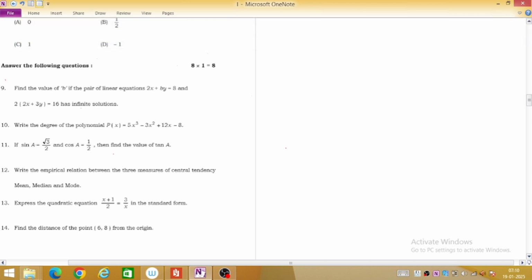Question number 11. sin A value is given as root 3 by 2 and cos A is given as 1 by 2. Then find the value of tan A. First, tan A equals sin A by cos A. Sin A value is root 3 by 2 and cos A value is 1 by 2.